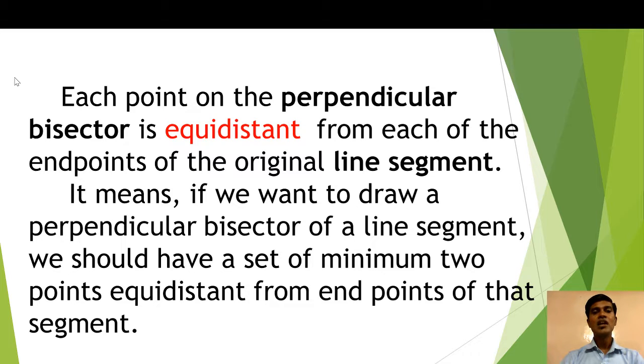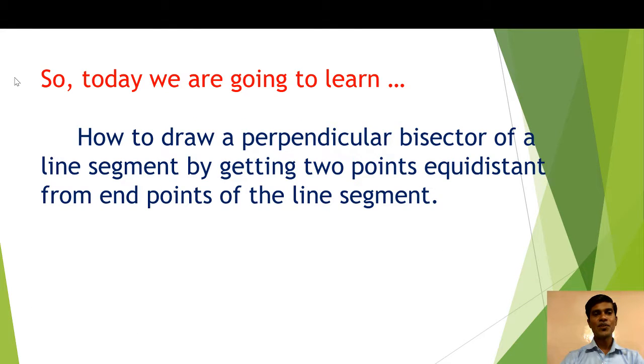It means if we want to draw a perpendicular bisector of a line segment, we should have a set of minimum 2 points equidistant from the endpoints of that segment. So today we are going to learn how to draw a perpendicular bisector of a line segment by getting 2 points equidistant from each endpoint of the line segment.